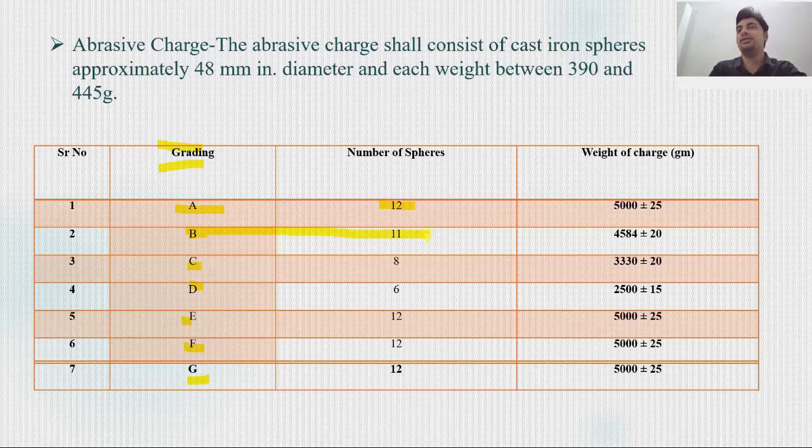So we have to add 11 cast iron spherical balls to the Los Angeles machine, whose weight is 4584 gram plus or minus 20 grams. Clear? So you should refer to the table for how many spheres you have to add for the particular grade of the aggregate.